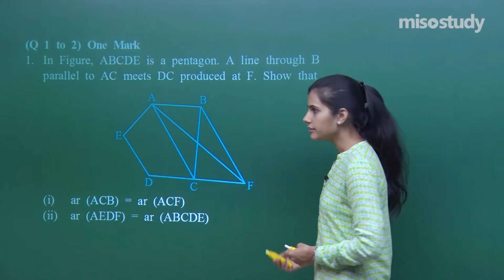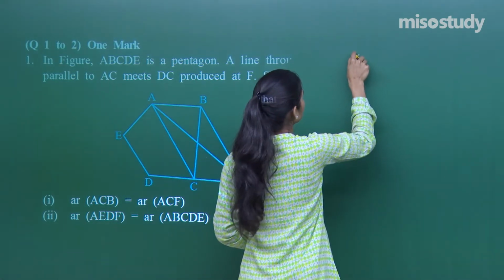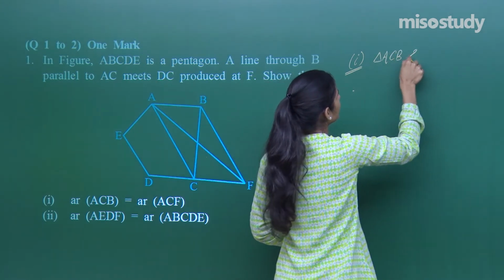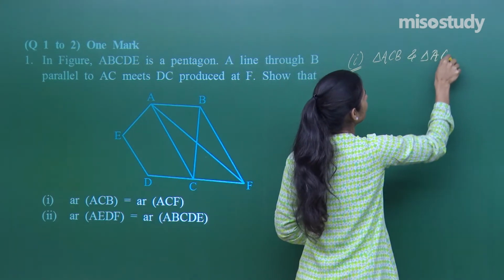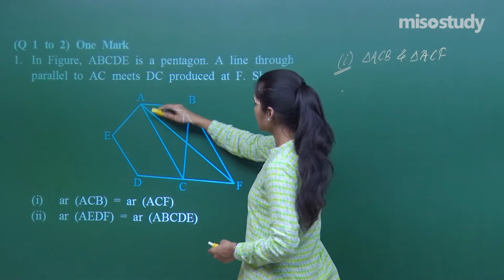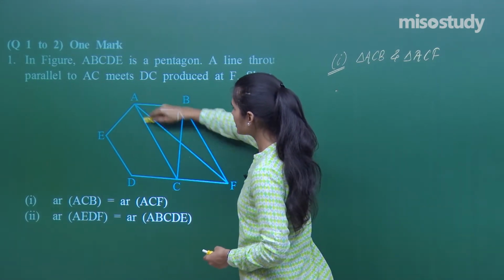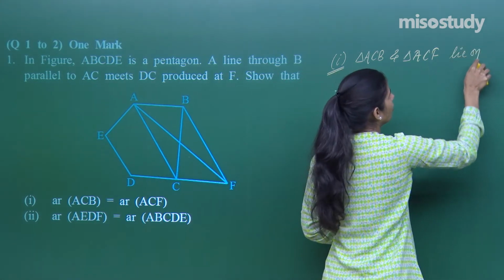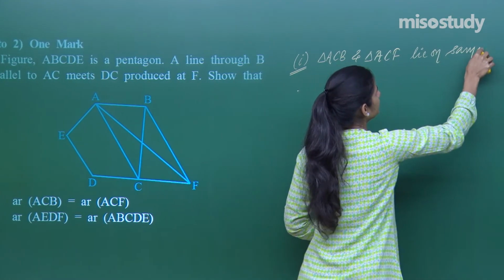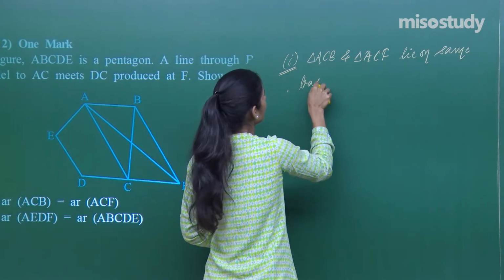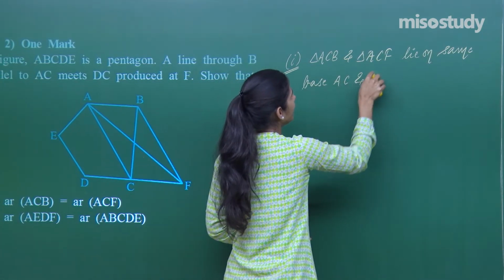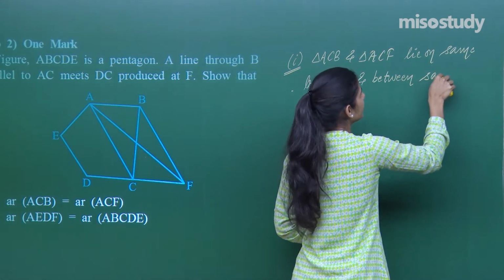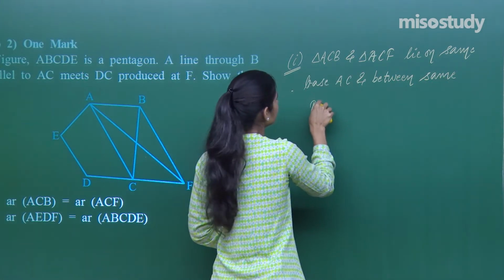Is there anything difficult in this? Well, if I talk about the first part, triangle ACB and triangle ACF, both these triangles lie on the same base AC, and also they are lying between the same parallels, isn't it?